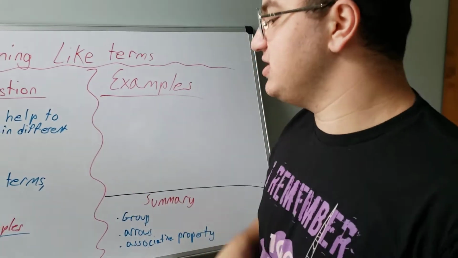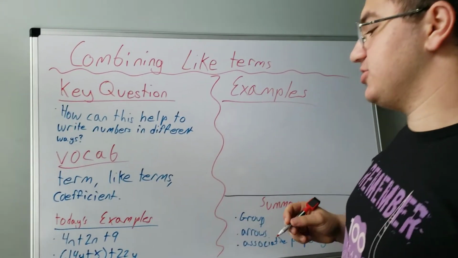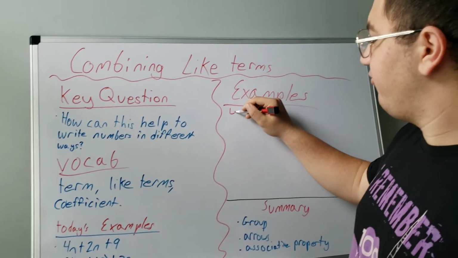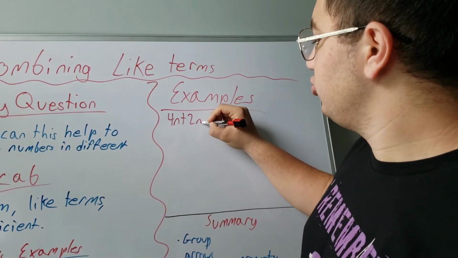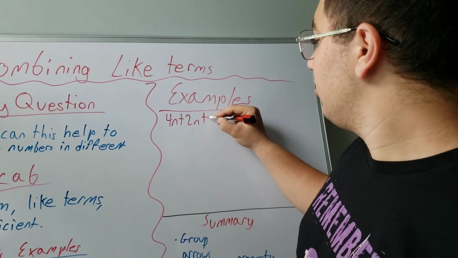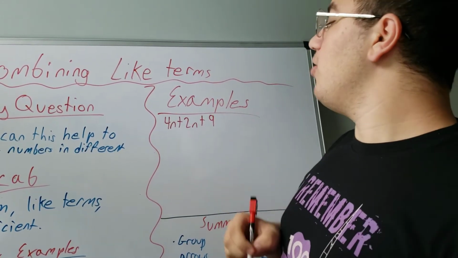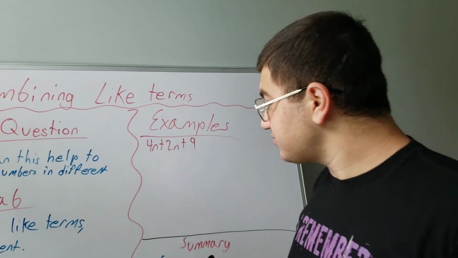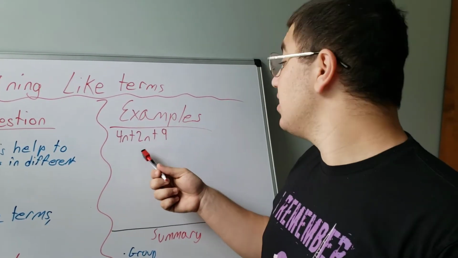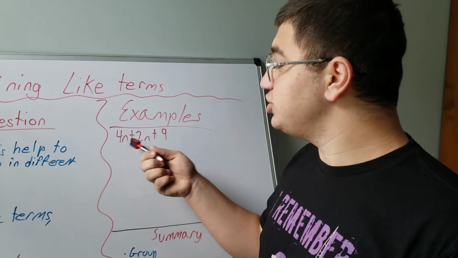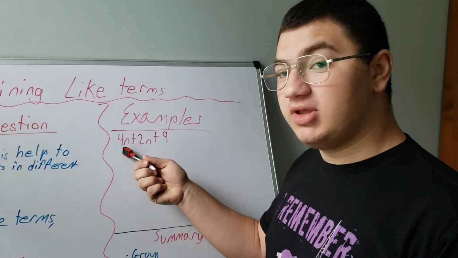Okay, so the first example for today, we're going to be combining like terms. So we have 4n plus 2n plus 9. What do we know? We know that 4n and 2n are very similar because, even though the coefficient is not the same, the variable is the same.